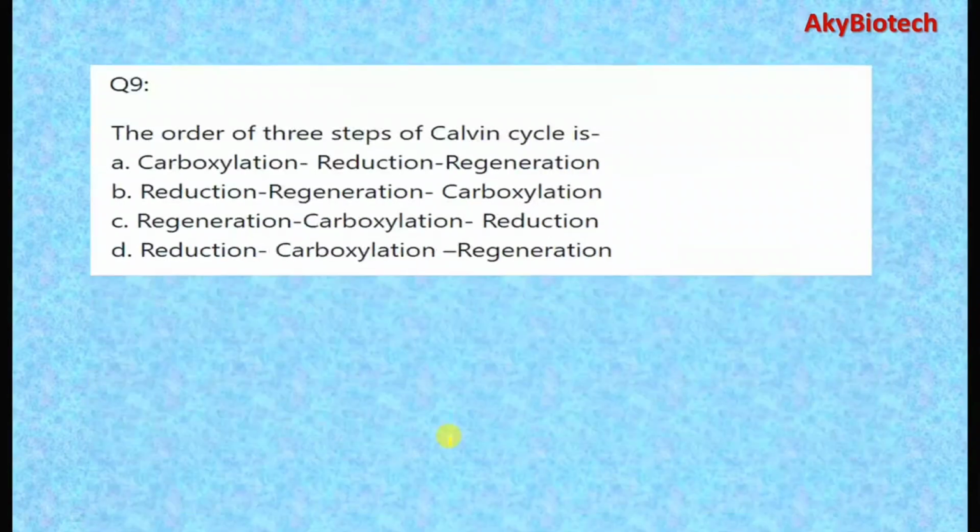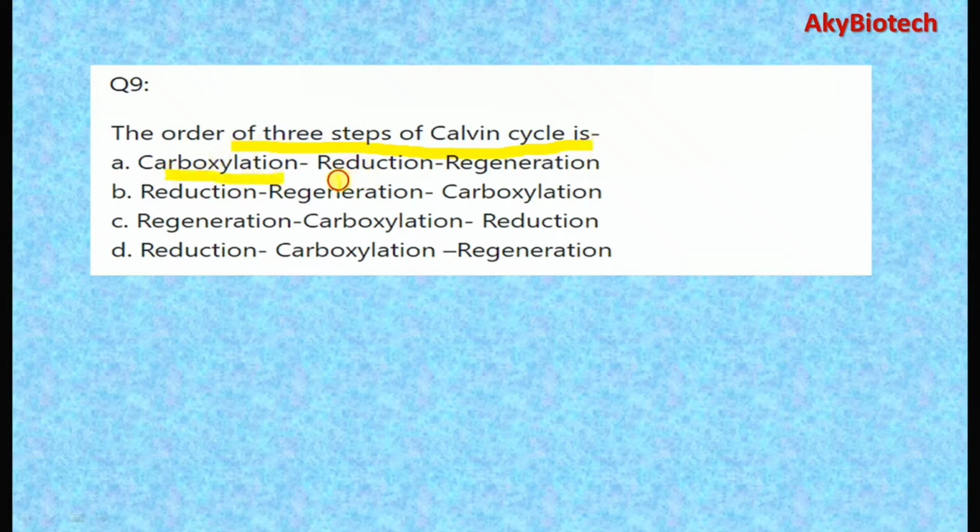Number 9. The order of 3 steps of Calvin cycle is carboxylation, followed by reduction, and then comes the regeneration, the last step.